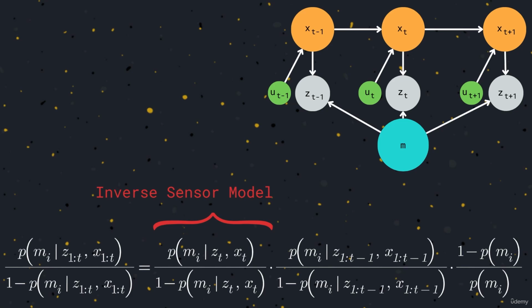The second term, on the other hand, can be read as the probability of the cell i being occupied based on all the robot's previous poses and all the LiDAR readings previous to the current one. This indicates a recursive term, so the probability that that cell had of being occupied before the current iteration.